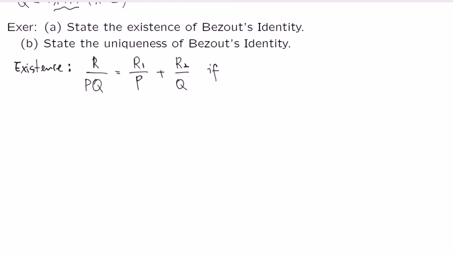So I have this much about existence. R divided by PQ equals R1 divided by P plus R2 divided by Q. And who remembers the condition in here? It's about P and Q, right? They have no common factors.